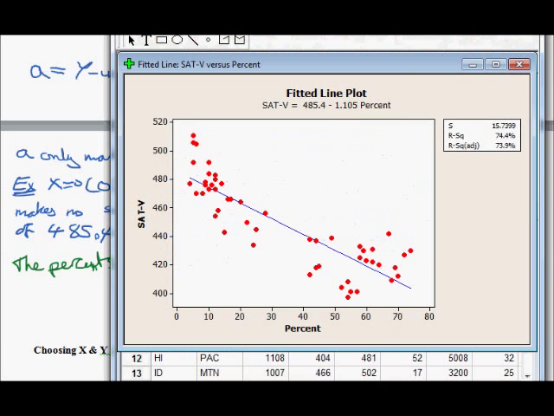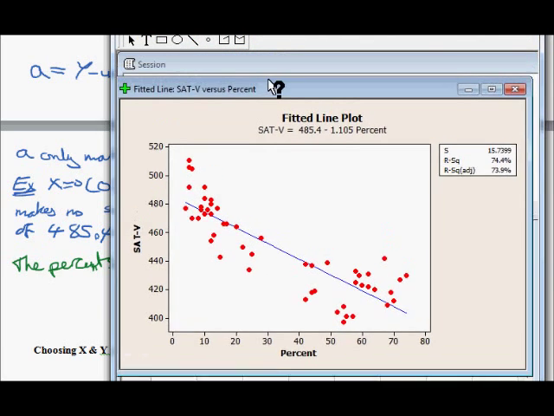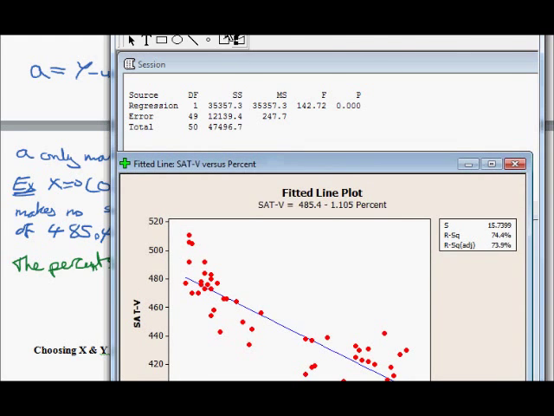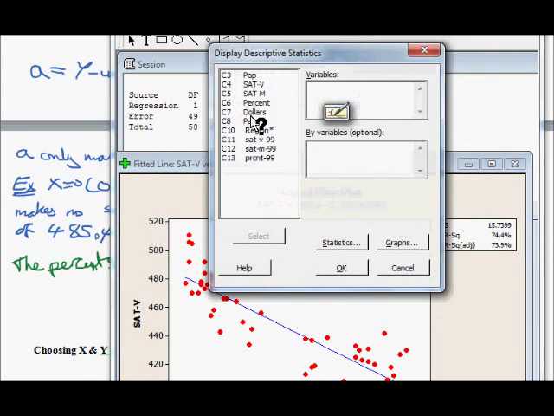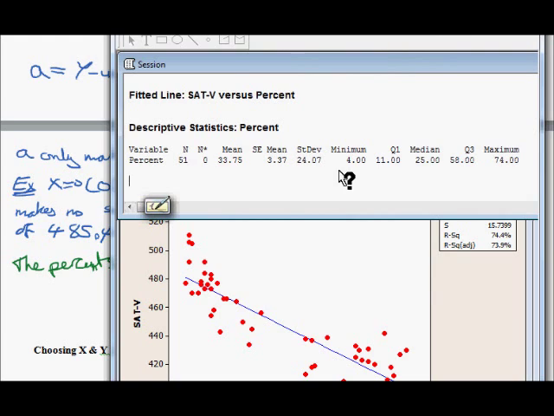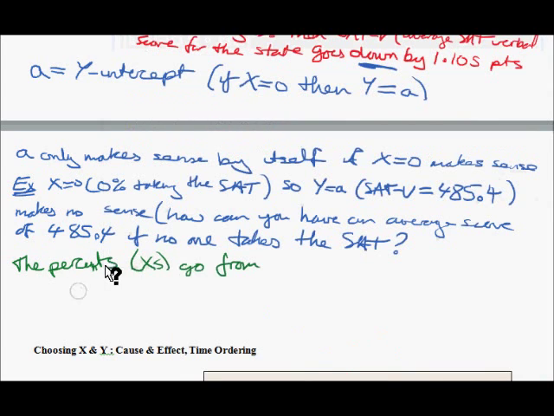If I go to Minitab, I can do basic stat display for percent, and they go from 4% minimum to a max of 74%. So here they go from 4% to 74%.